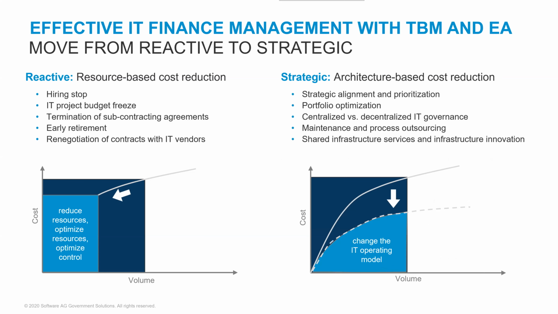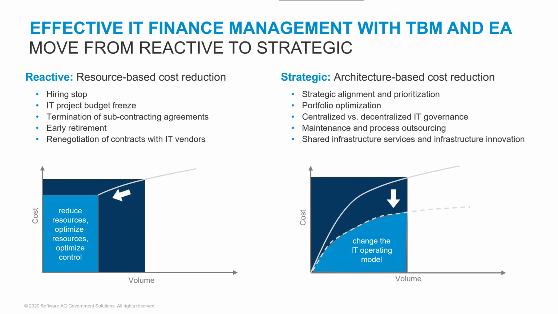If we were to move toward a strategic architecture-based cost reduction approach, one of the things that we want to do, and one of the things we mentioned in the overall framework, is this concept of changing the operating model or shaping the demands from the business. And so what we want to do in essence is to not necessarily just cut, but change what we're delivering, when we're delivering it, and try to achieve a better value delivery and a better delivery cadence by changing how we operate at times.